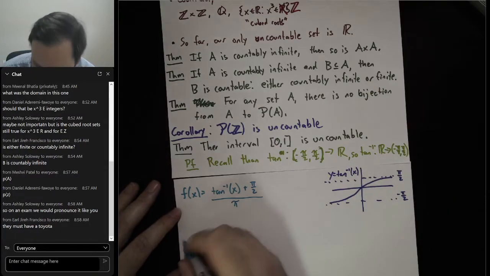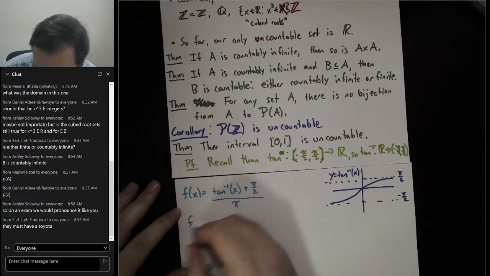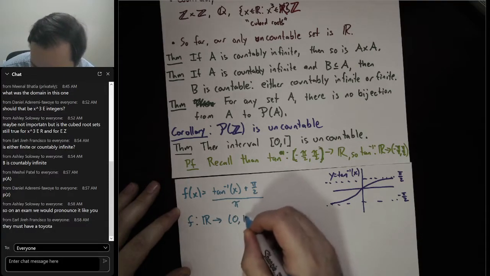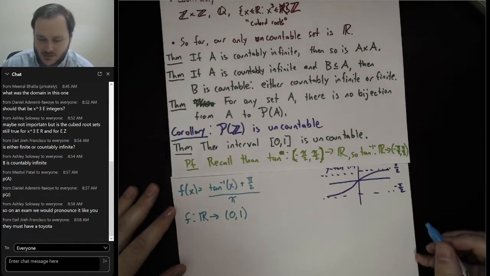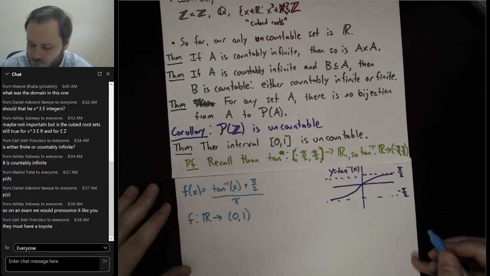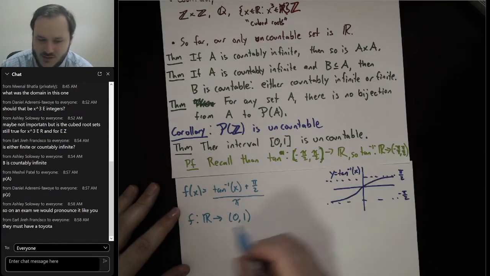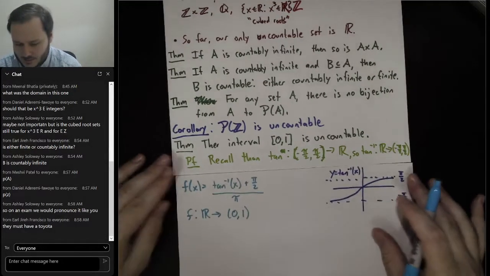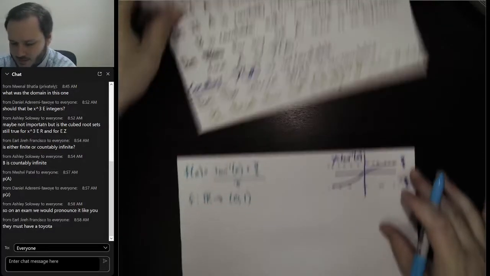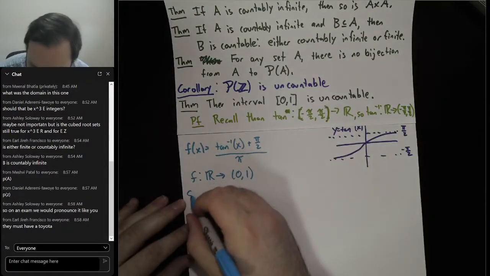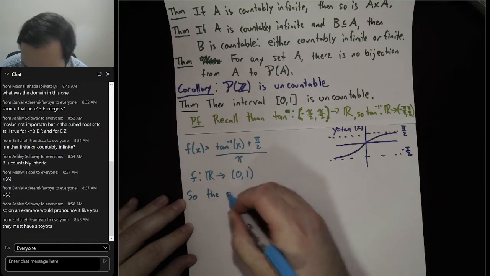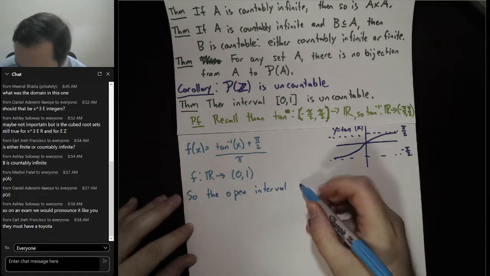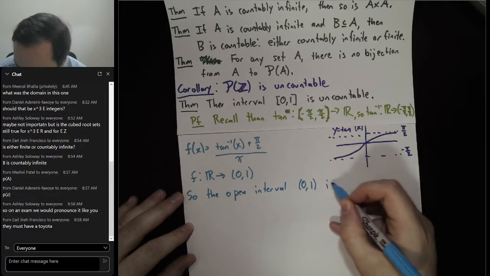This is a bijection from the real numbers to 0, 1 without those endpoints. And so this is already uncountable. So the open interval from 0 to 1 is uncountable.